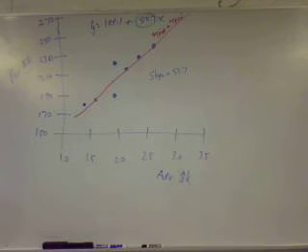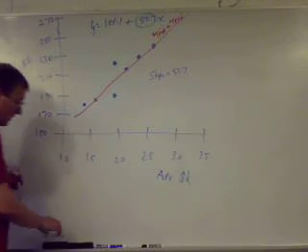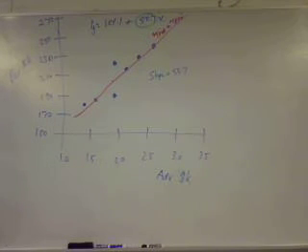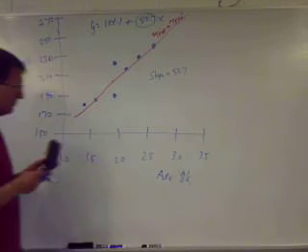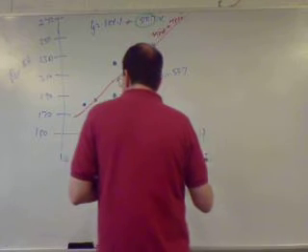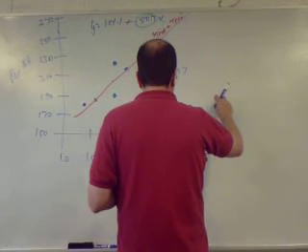Now, part E is, what happens if you add an extra company, a ninth company, which has advertising expenditures of 3.8 and sales of 180. So this point would be somewhere around here.